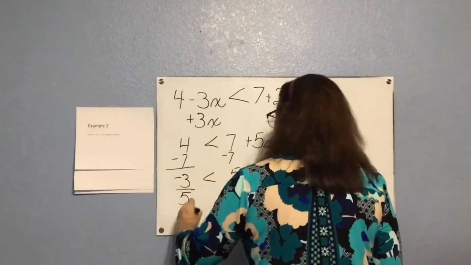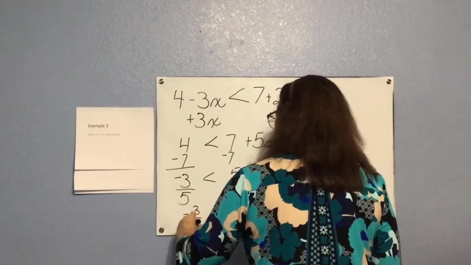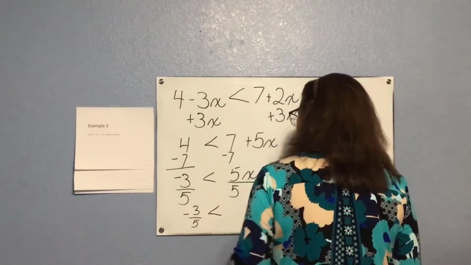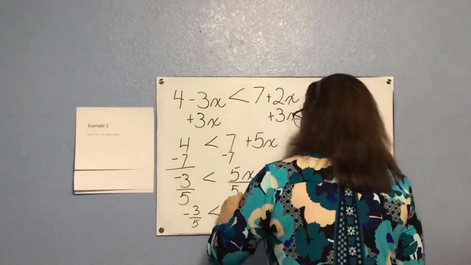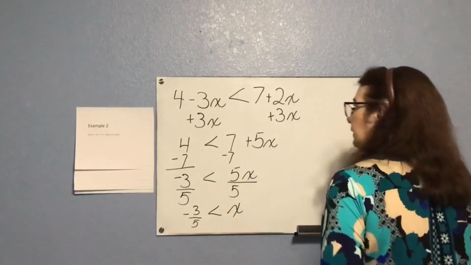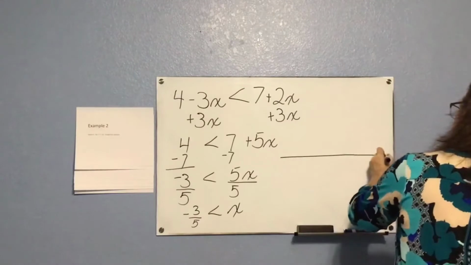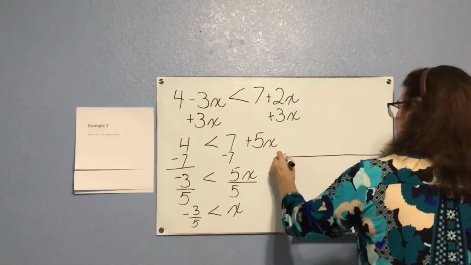And I have negative 3 over 5 is less than x.